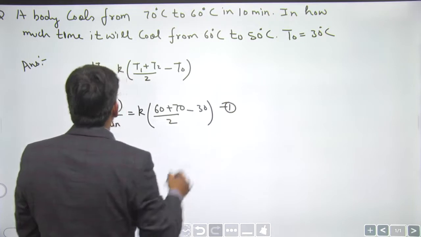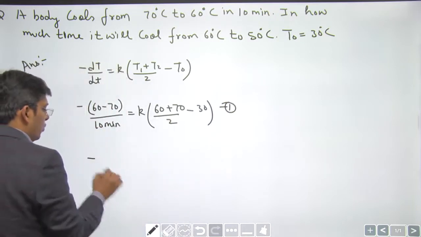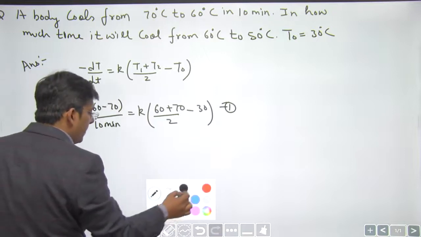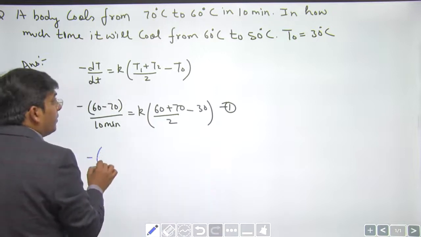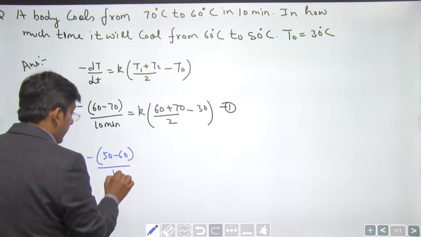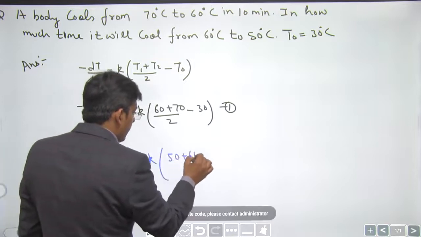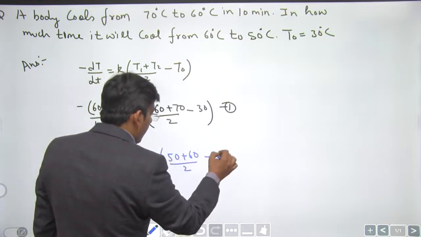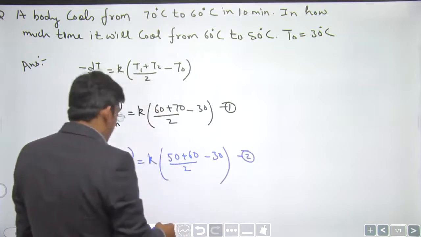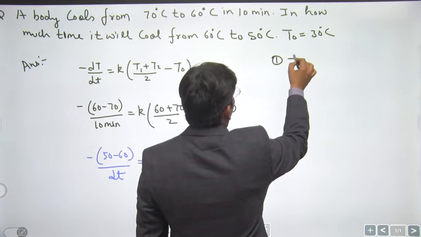This was case 1, dear students, right? And for case 2, the temperature is changing from 60 to 50. So this is 50 minus 60 divided by the time, which we don't know, dt, equals small k, the average of the two temperatures, 50 plus 60 by 2, minus the surrounding temperature, obviously. So when you divide equation 1 by equation 2, you are going to get something.